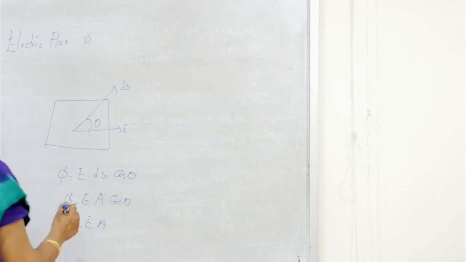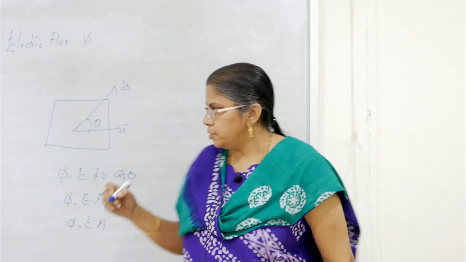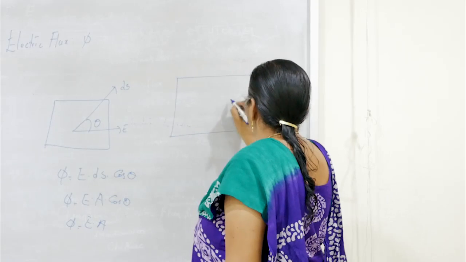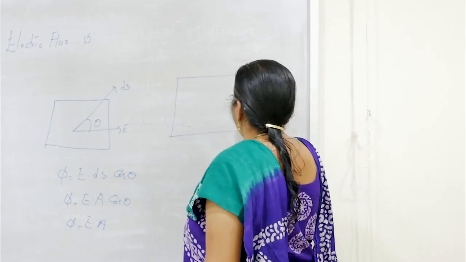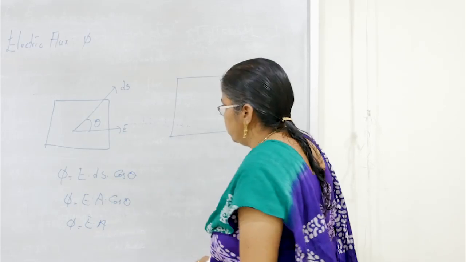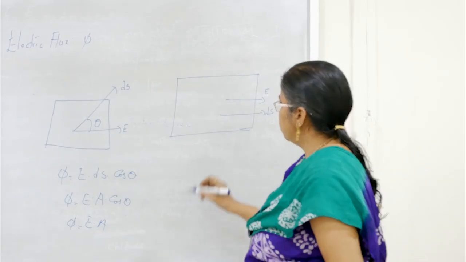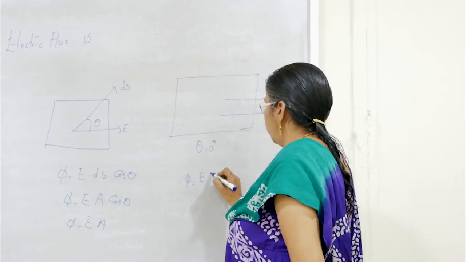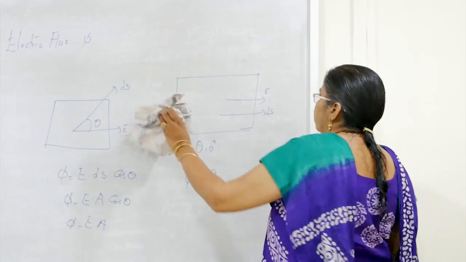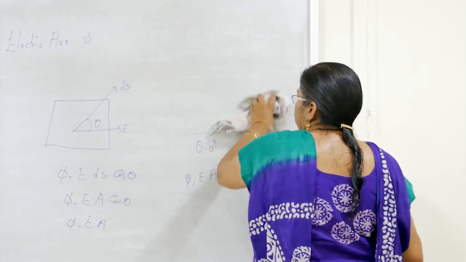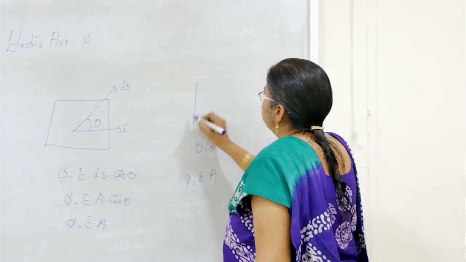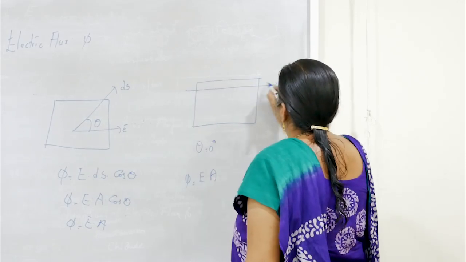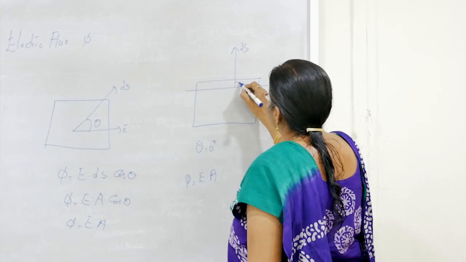Now suppose I take a surface like this, and if E and ds are in the same direction, so they are parallel to each other, theta is 0, so phi is E dot A. Now suppose you take a surface and electric line, so this is E and this is ds and this is the angle.